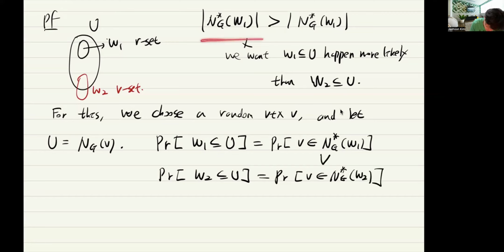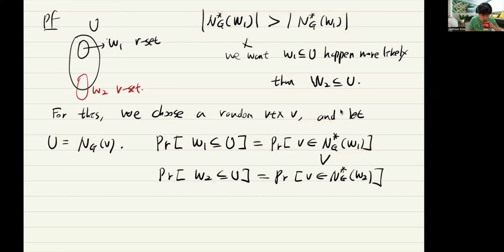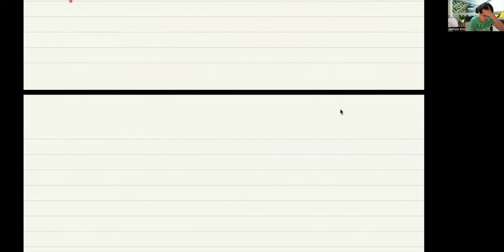And from our assumption, this is bigger. So this shows that W1 is more likely to be a subset of U than W2. So this motivates the following proof.